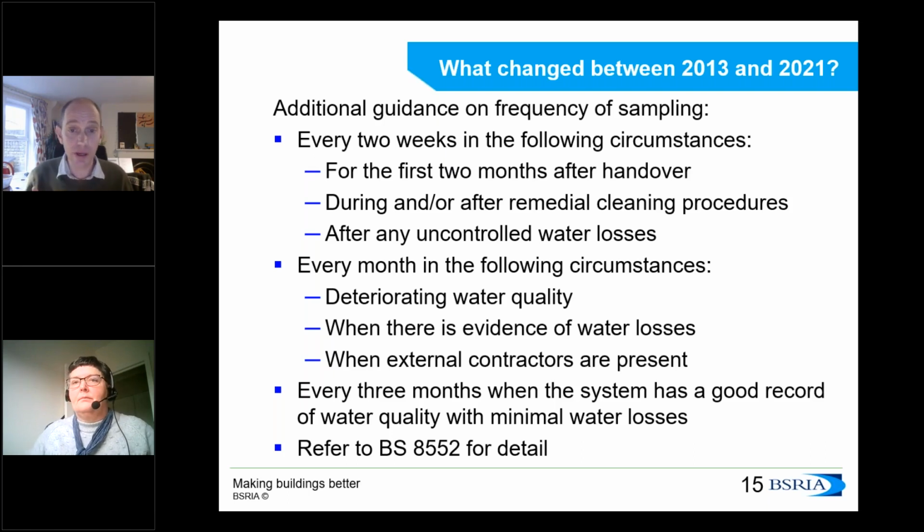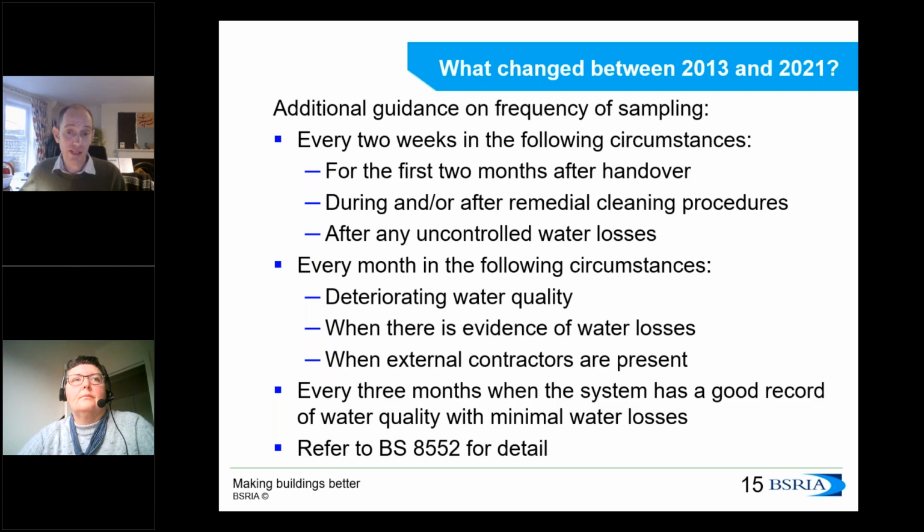So without going into massive detail, it needs to be done every 2 weeks on a brand new system. Also, a system that has had any issues associated with it. Also, if it is seen that the water quality is deteriorating, perhaps from previous samples, then every month might be useful.